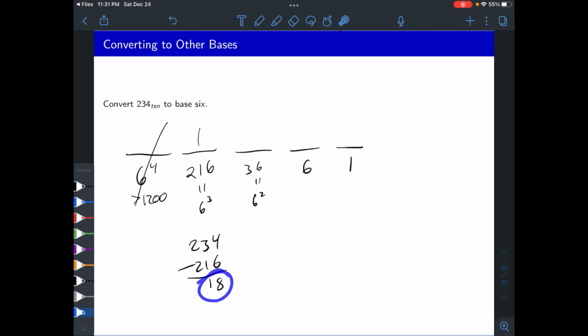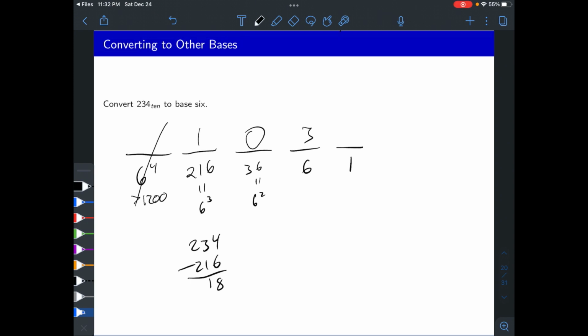Okay, well, what's the next largest place value? How many groups of 36 go into 18? Well, none. 36 is much bigger than 18. How many groups of 6 go into 18? Well, 3. 18 divided by 6 is equal to 3. And it actually goes in evenly.